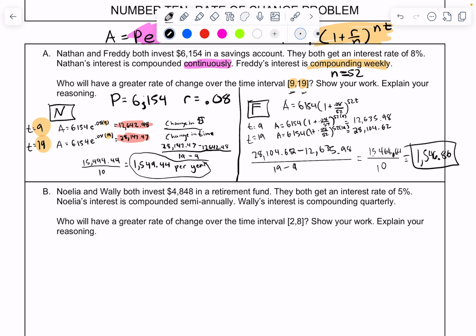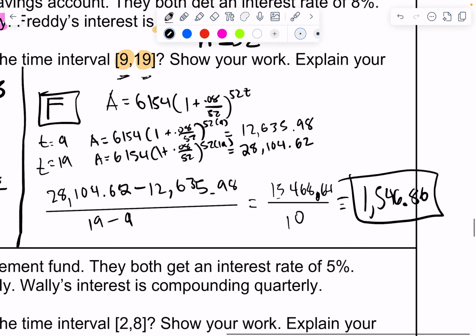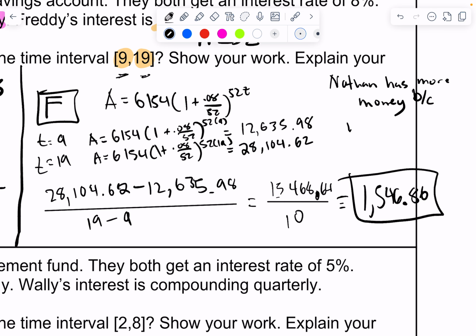So Nathan will have more money. Because, I mean, you proved it with the math, but because his compounds continuously. That's why the math did what it did.